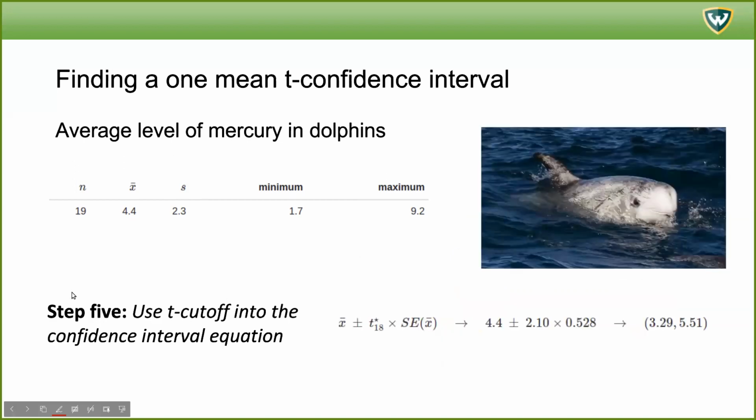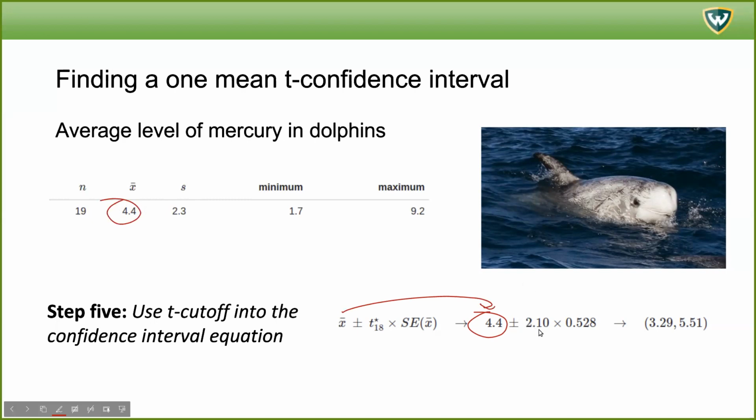And then we use the t cutoff, which is the standardized t standard deviation, in a similar equation to the one we used before, with our mean and our standard error. So all we do is we have our mean here. The mean is 4.4, which we already got, just a simple calculation from the data.